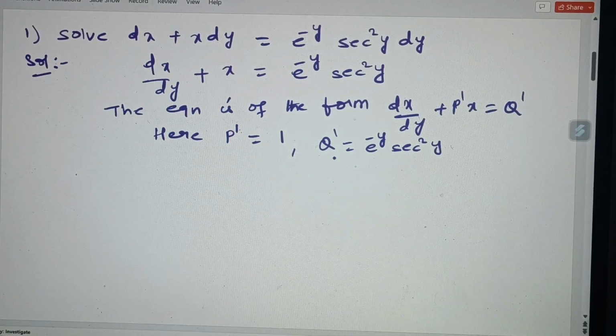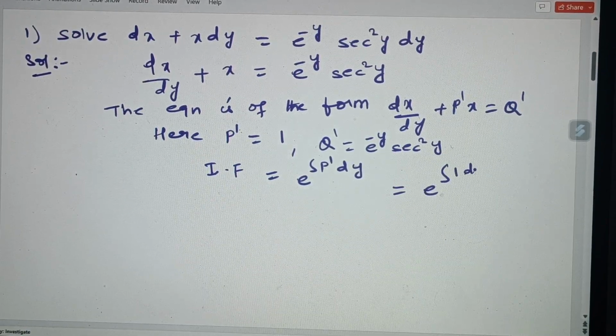After writing p dash and q dash, you need to find the integrating factor. Integrating factor का formula क्या दिया है? e raised to integral p dash into dy. Okay. So, e raised to integral 1 into dy, which will give you e raised to y. Integrating factor का value आया है e raised to y.